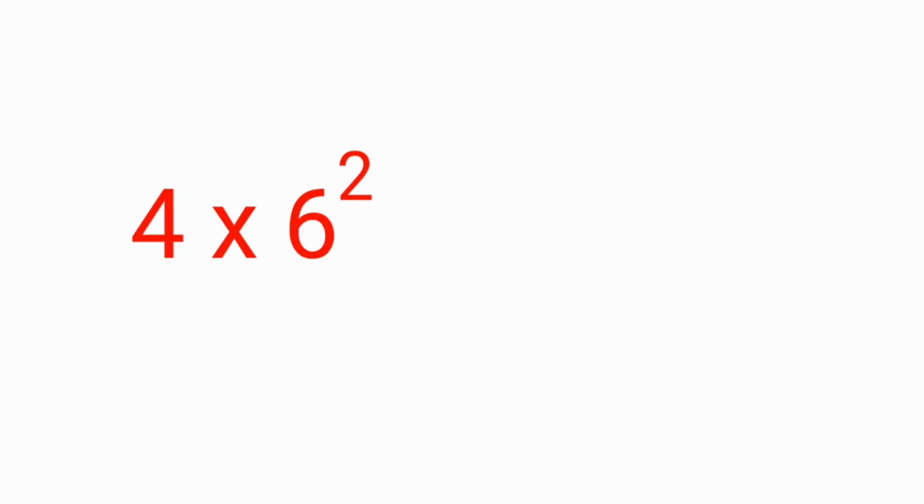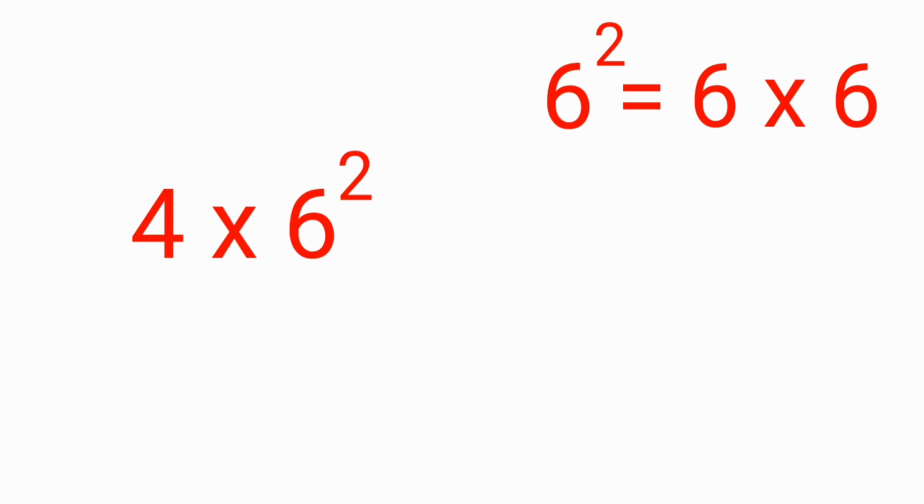So let's take this problem. 4 times 6 raised to the second power. Now we have to work on the 6 because it is raised to the second power. Alright, so 6 to the second power is equal to 6 times 6, and that is equal to 36.